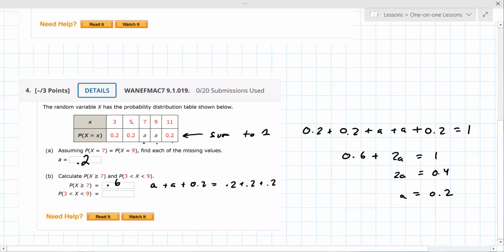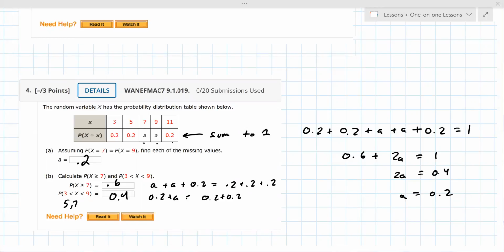So it's 5 and 7 that are okay. That's 0.2 plus A, which is 0.2 plus 0.2, or 0.4. So get those numbers punched in. You will definitely see something like this on an exam or quiz. It seems to be a pretty popular question in this class.